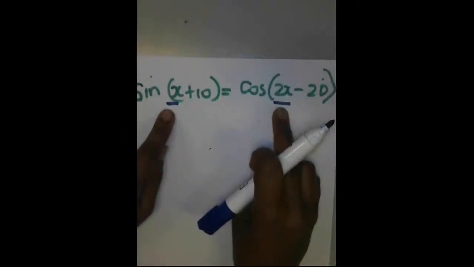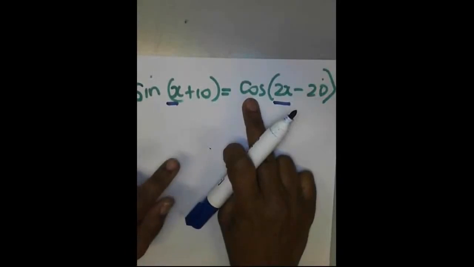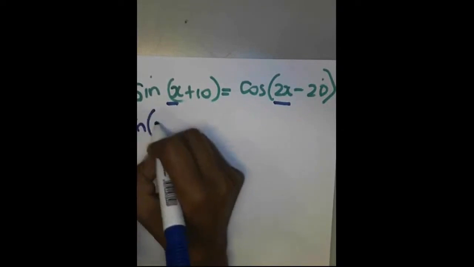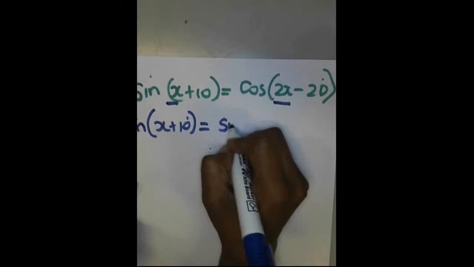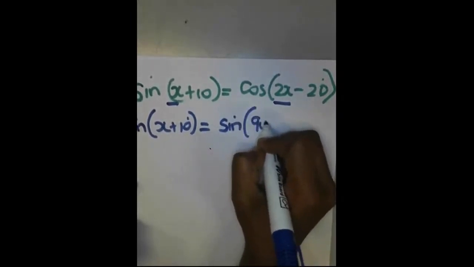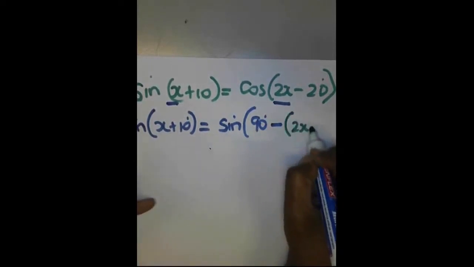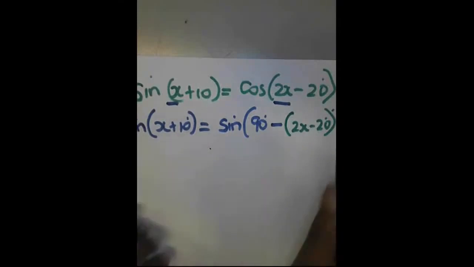But unfortunately, I've got a 2x here, which means that I now have to use co-ratios to change these two to look the same. So this cos is going to be rewritten as 90 minus. So sine of x plus 10 degrees must be equal to sine of what? 90 degrees minus 2x minus 20 degrees. Why am I rewriting it?